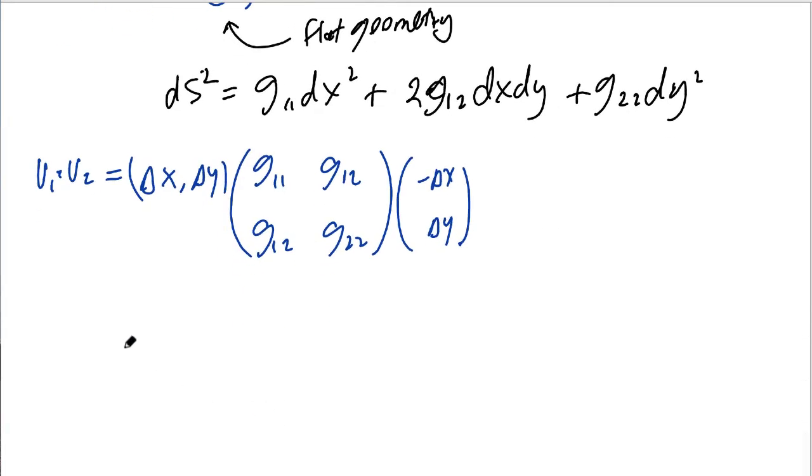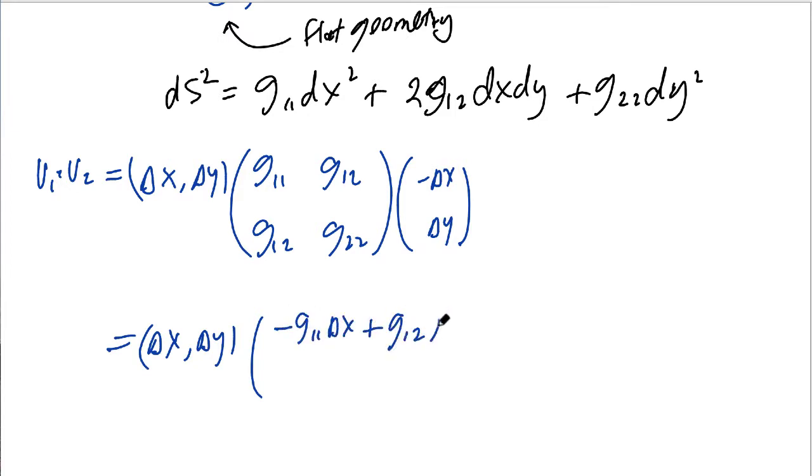Simplifying, let's multiply the metric times v2. That's minus g11 times delta x plus g12 times delta y. And for the second component, we have minus g12 delta x plus g22 delta y.